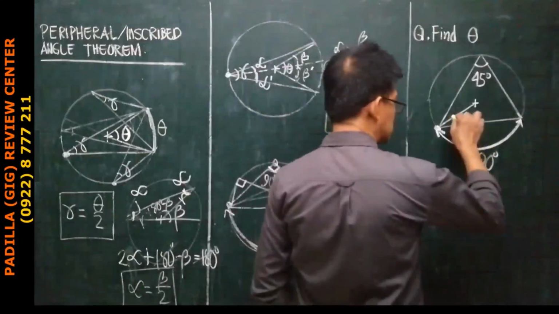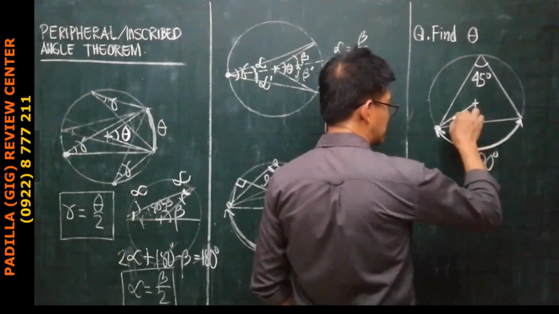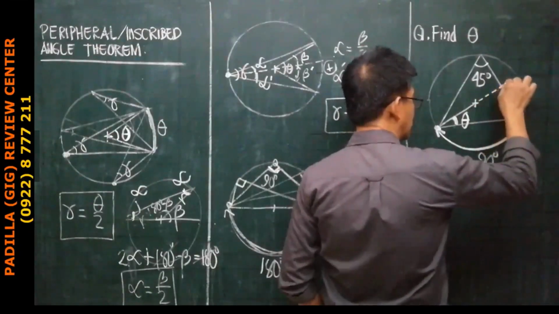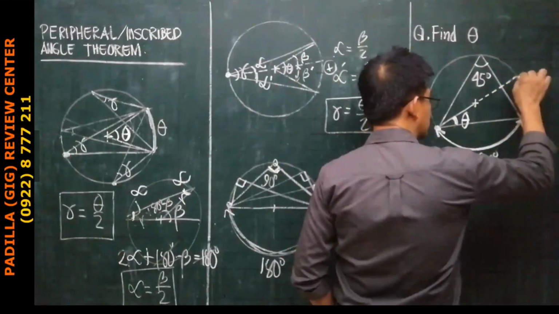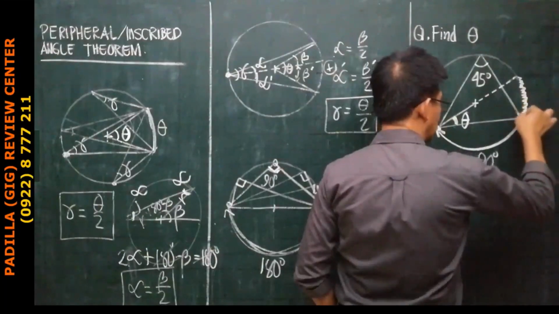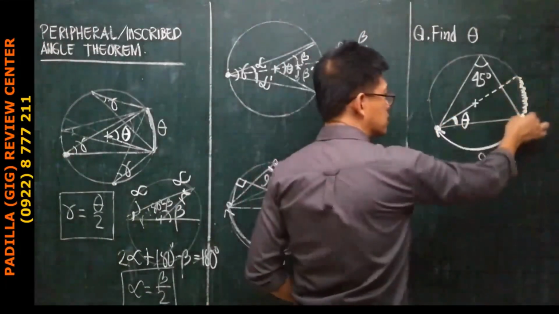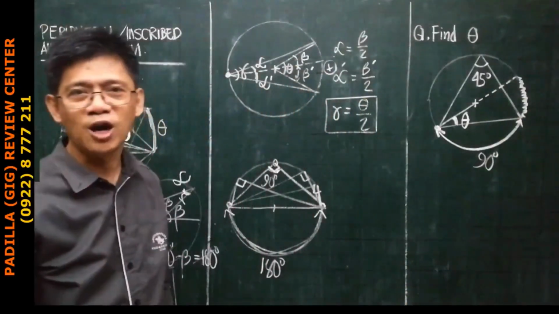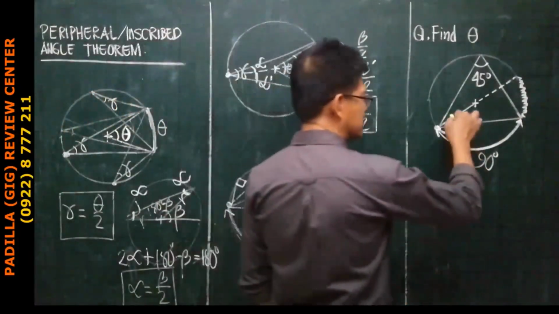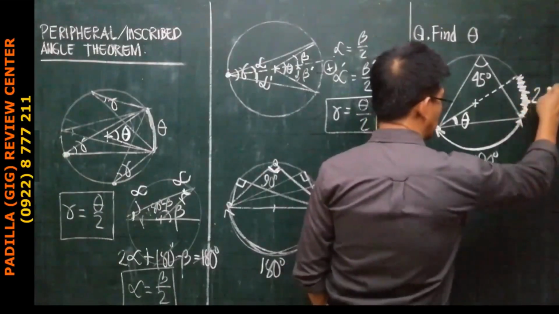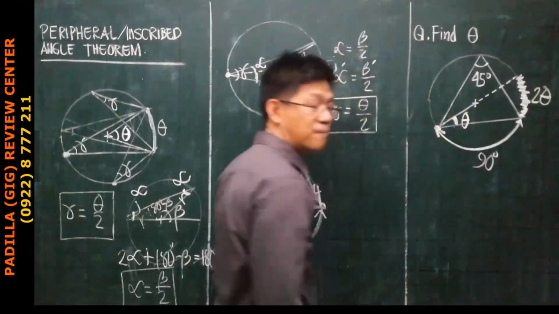So here, it is a peripheral angle opposite this arc. This is a radius. Let me project it here. If this is theta, the arc opposite this one measures how much? If this is theta, this must be twice theta.